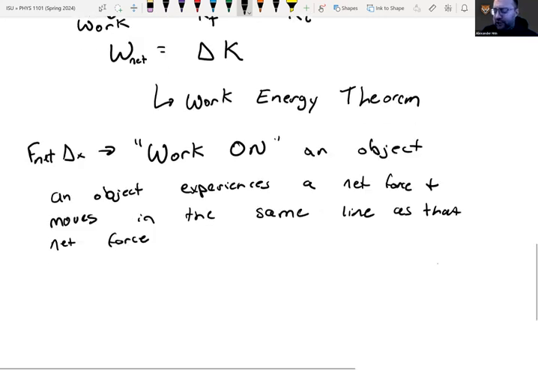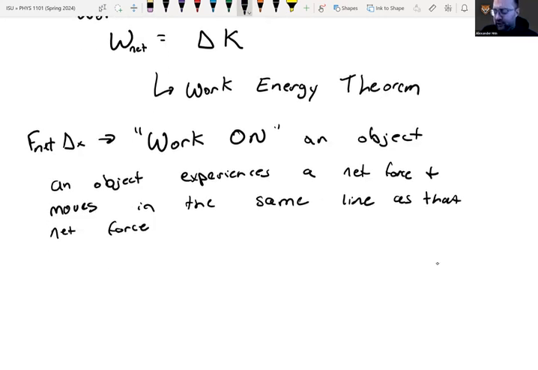Now, what the work energy theorem is effectively saying is this causes a change in kinetic energy.